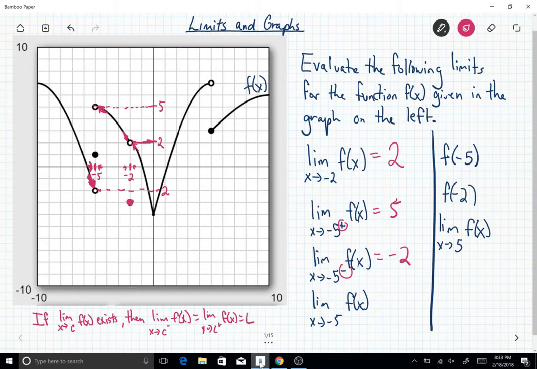In this case though, notice our numbers are different. So that means for this scenario, since our left and right-hand limits are not the same, this is a does not exist scenario. Okay?